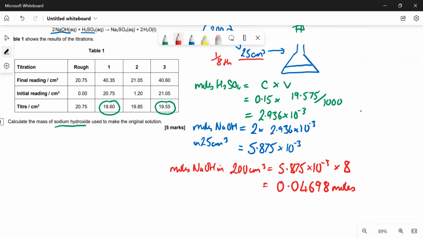Now we need to work out the mass of sodium hydroxide. So how do we do that? Well, mass NaOH is equal to moles times by the MR. The MR of sodium hydroxide is 40.